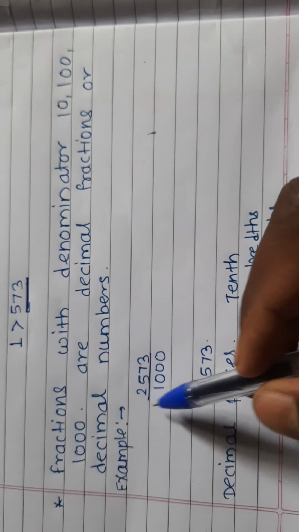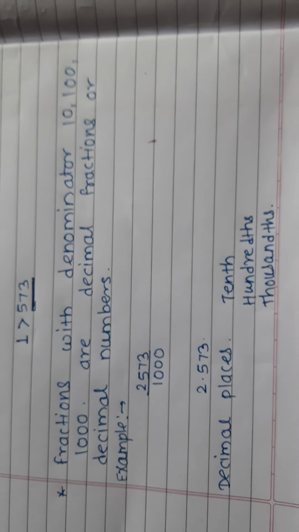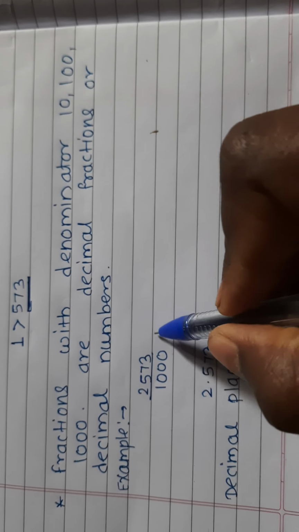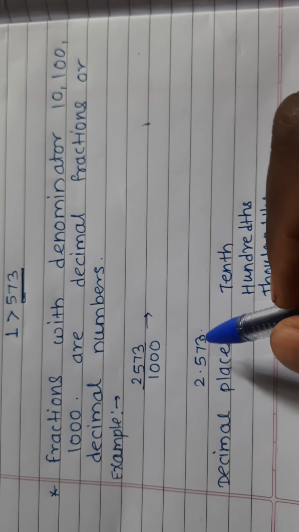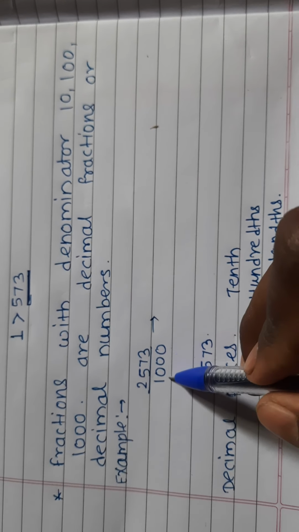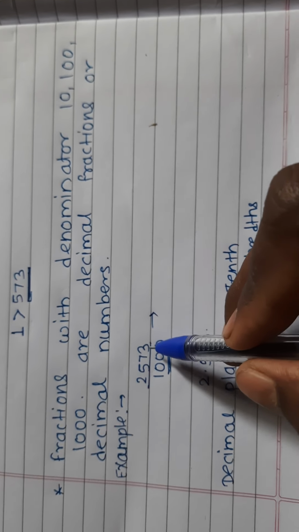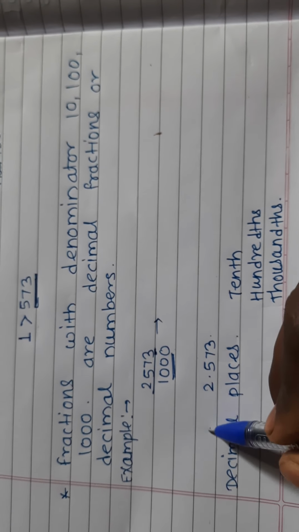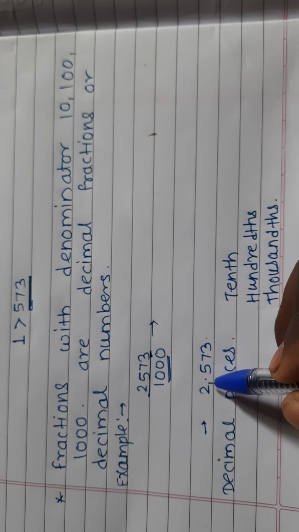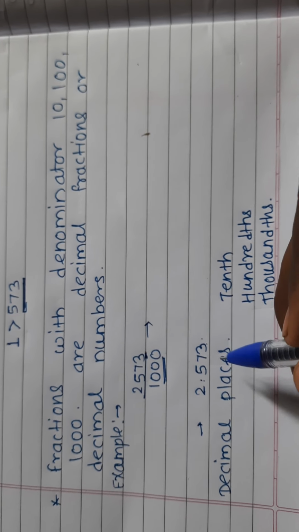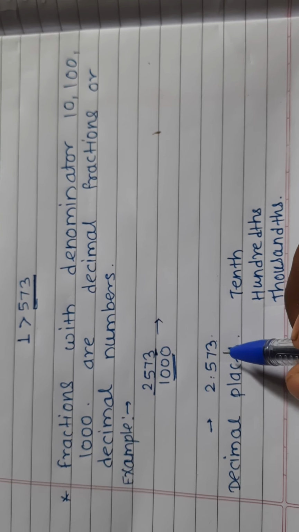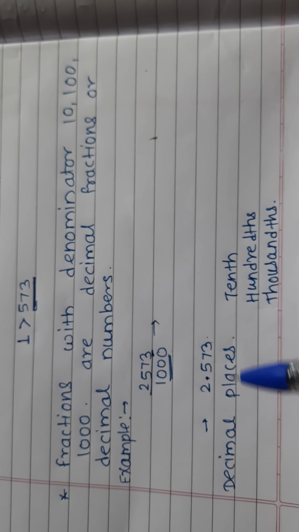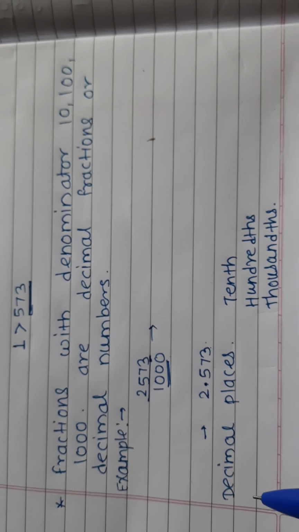This number we call a decimal number. Then how to write this number in decimal? The denominator is 1000, so these three digits are written up to the thousandths place. So the answer is 2.573.